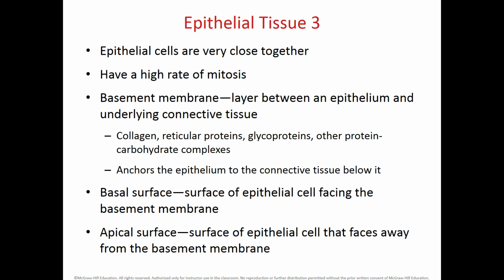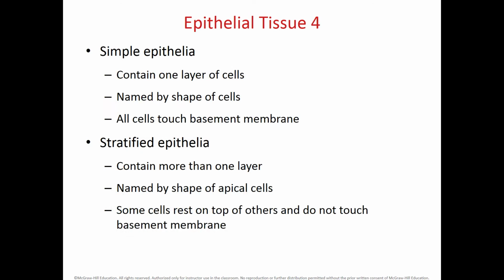Now, the cells of epithelial tissue, I already mentioned to you that they have an apical surface and a basal surface. The apical surface will be the one that faces away from the basement membrane, while the basal surface is the one that faces the basement membrane. Now, there is a classification of epithelial tissue according to the number of layers that form these epithelia, and also according to the shape of the cells that make these epithelia.